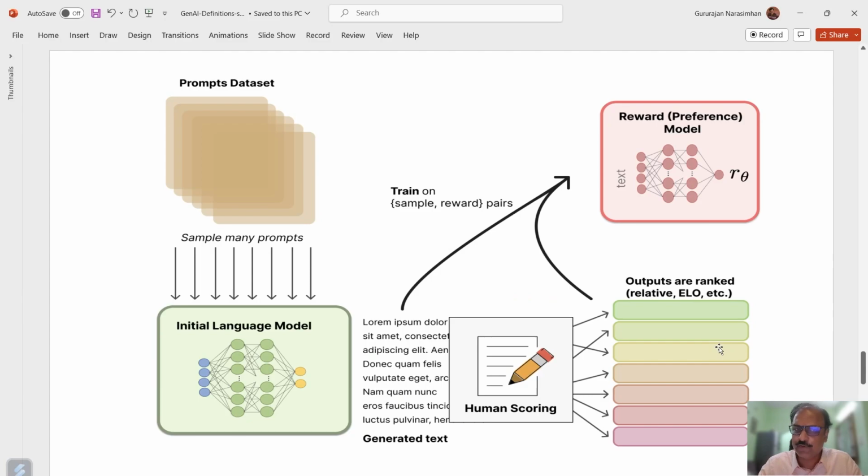And then you have reinforcement learning, where you have the initial language model that we built, and then you give a lot of prompts to the language model, it produces a text, and then the human scores over this text, and he gives the ELO score and the relative score with respect to other systems. So you basically judge the performance. So once you judge the performance, you then reward or punish the system based on some parameters.